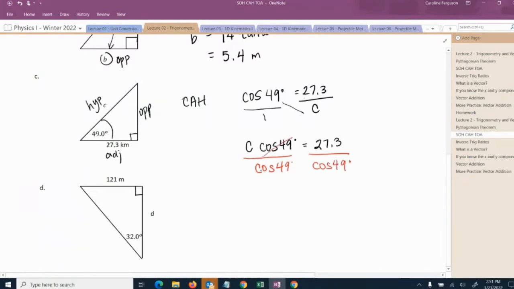So that cos 49 cancels, and now I can type this on my calculator. I'm going to say that we get 41.612. So C is equal to 27.3 divided by cos 49, which is 41.6, and the units would be kilometers.